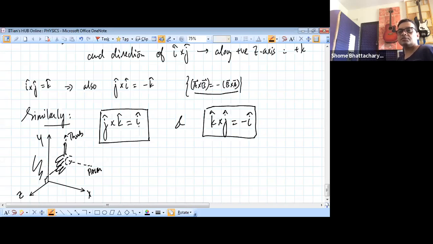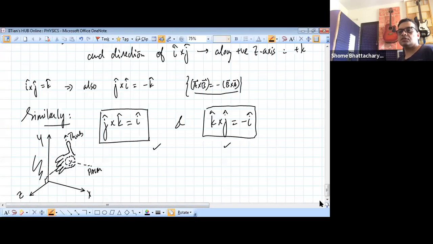Similarly, j cross k becomes i cap and k cross j becomes minus i cap. Okay, so hope these two relations are clear.